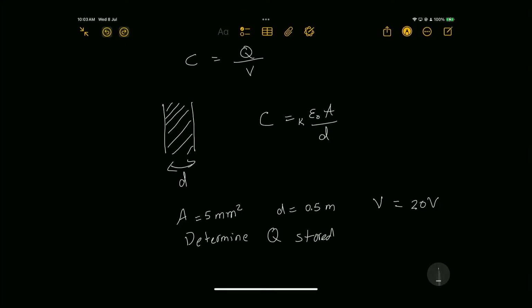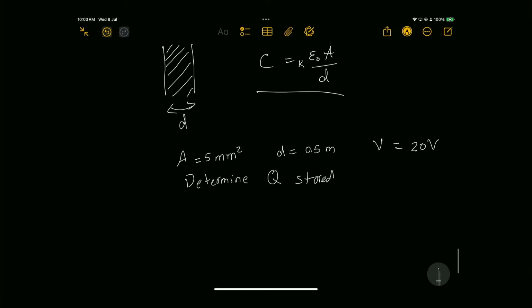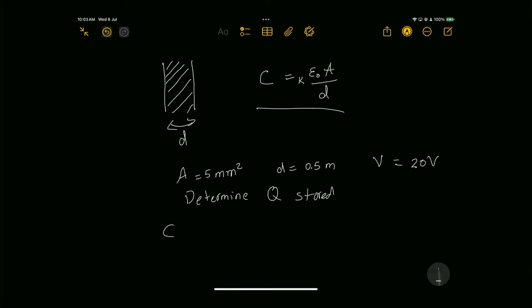So we would need to first find the capacitance of this capacitor, right? So we substitute in this equation here. Now if it was not given to us, we would assume the dielectric is air, so kappa would be 1. So you could write C is equal to 8.85 times 10 to the negative 12 times A, which is 5 millimeters squared.